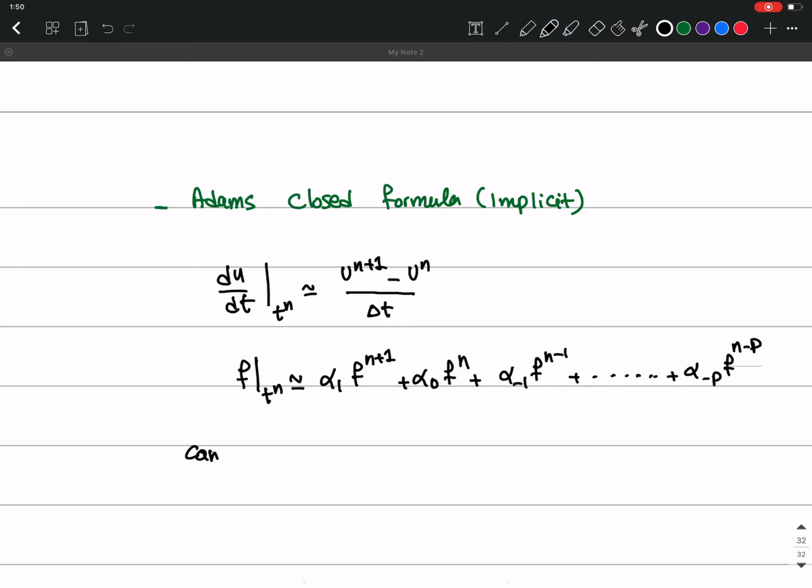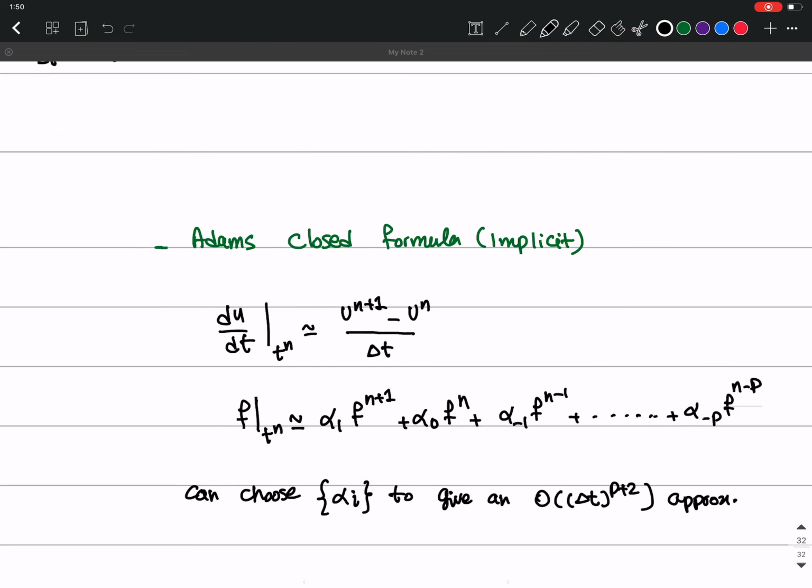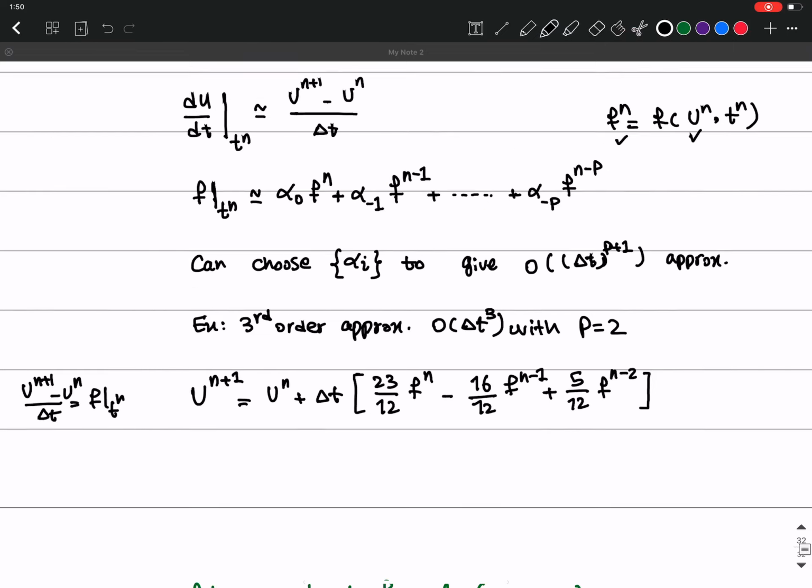So we can choose alpha i's again to give an order delta t to the p plus 2 approximation. Okay.